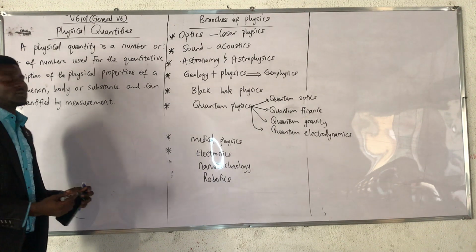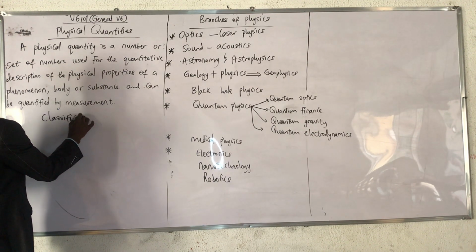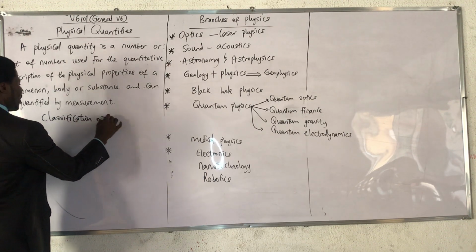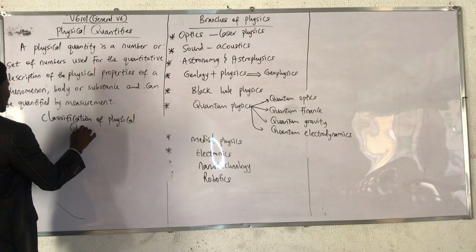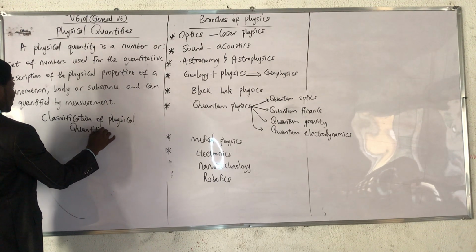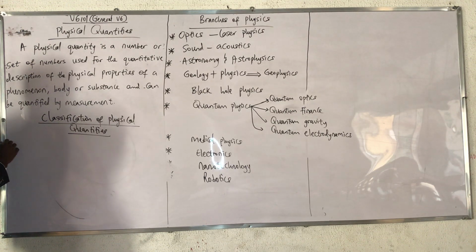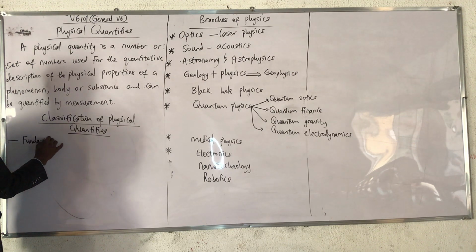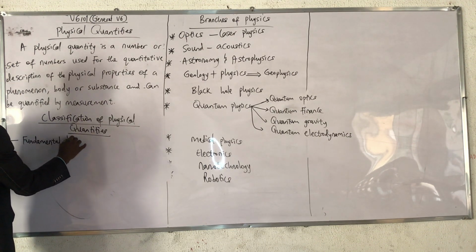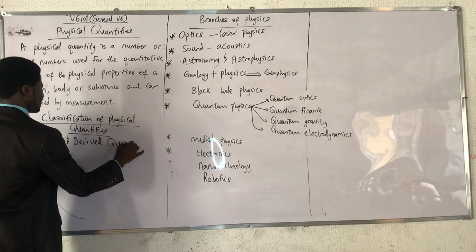Okay? And these physical quantities, they are classified majorly into 3 because there are so many. Classification of physical quantities. They are classified into 3 majorly. We have fundamental and derived quantities.